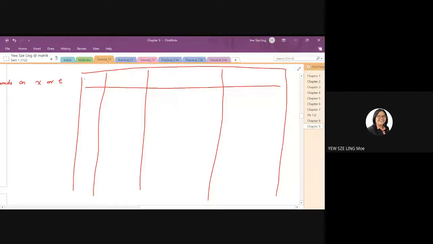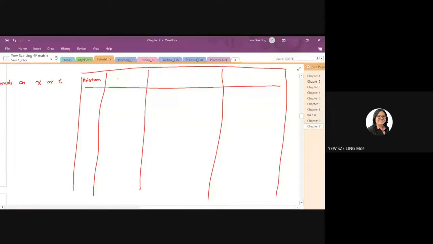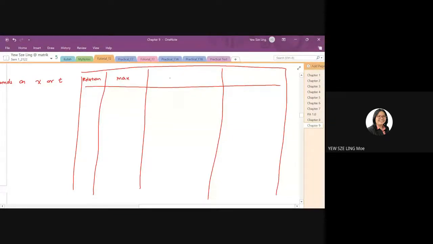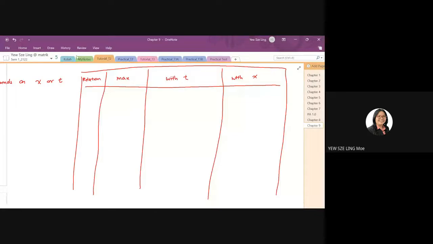So this is the relation, and then this is the maximum value. This is relations with t, relations with x.